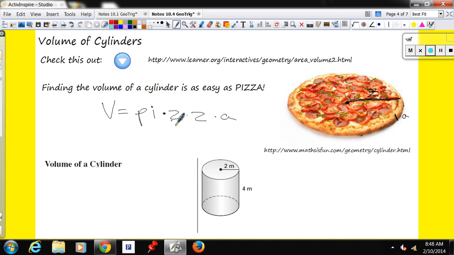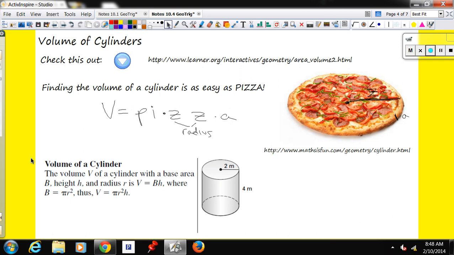So we're just going to make these two right here be our radius. Your radius would be your z's, and your altitude is your height. So you got pi times z squared, or r squared, times a. That's how you find the volume of a cylinder. Here's the formula down here at the bottom.